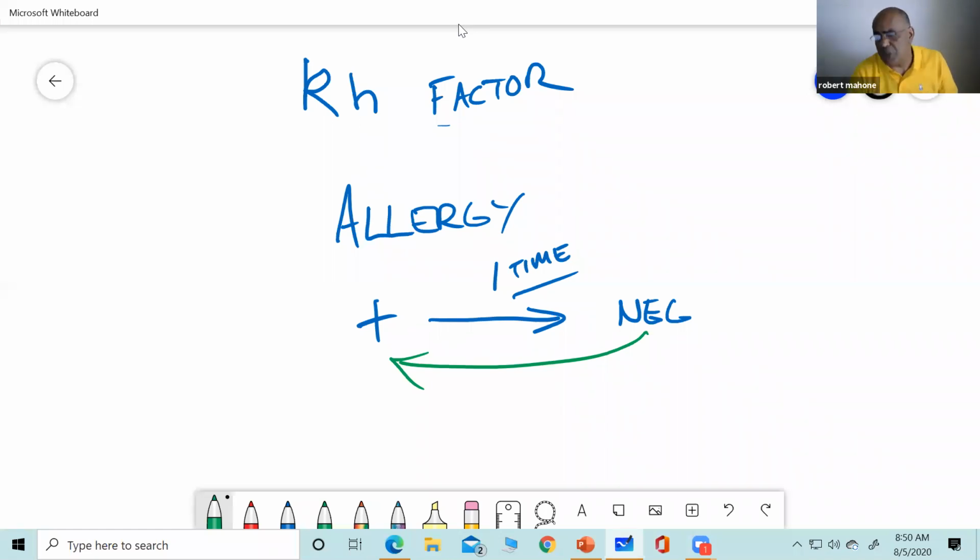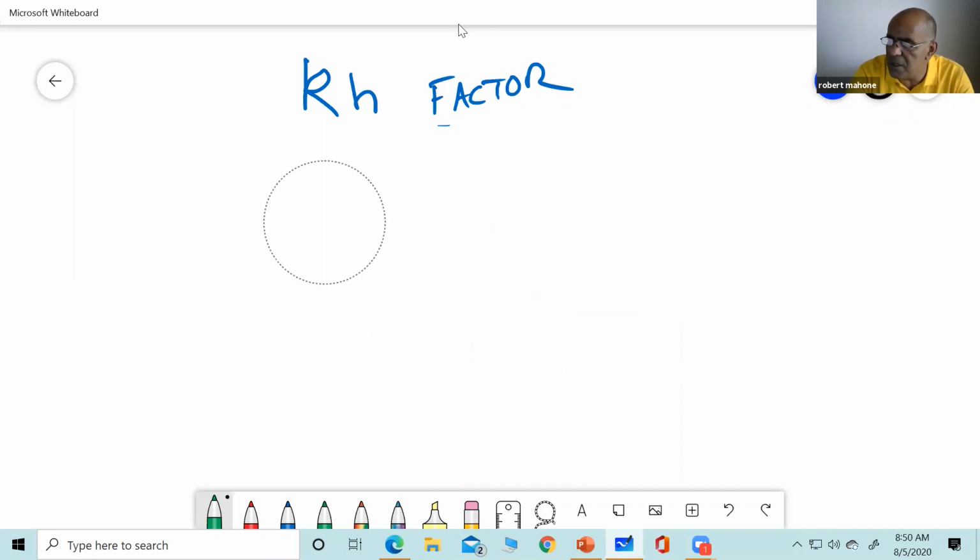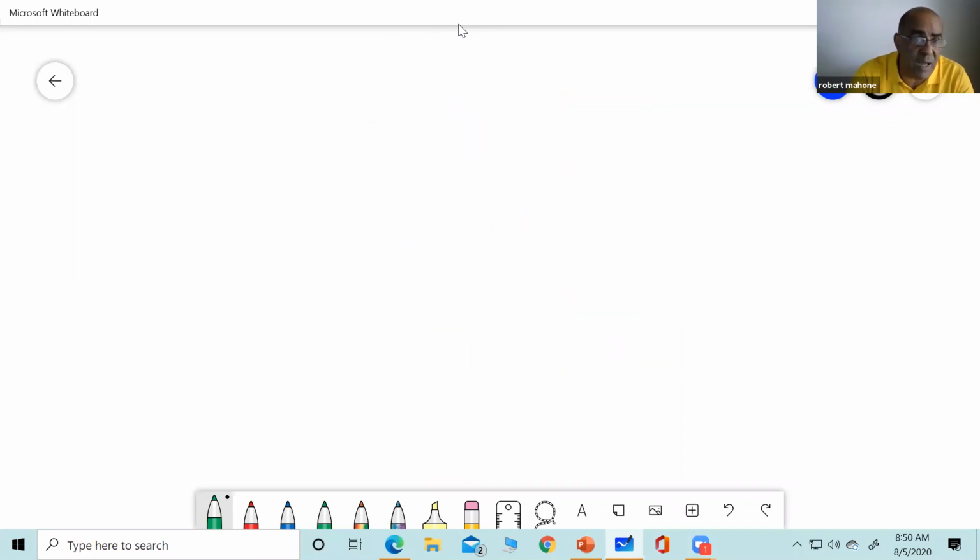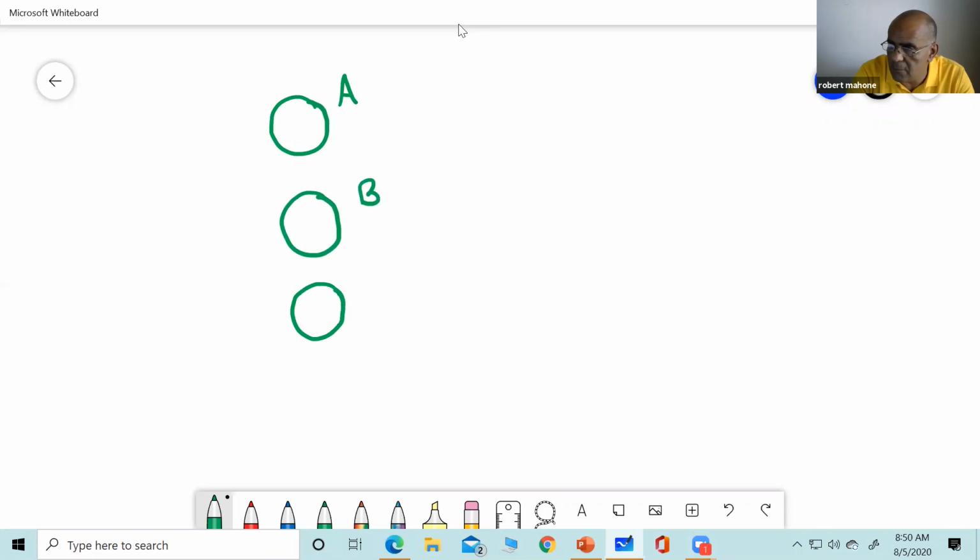Okay, so let's look at the transfusions one more time, now with both factors. This person is type A, B, AB, and O. Can A blood be transferred to a B person?